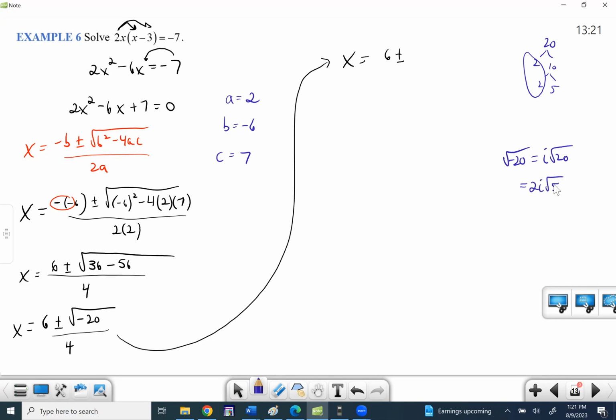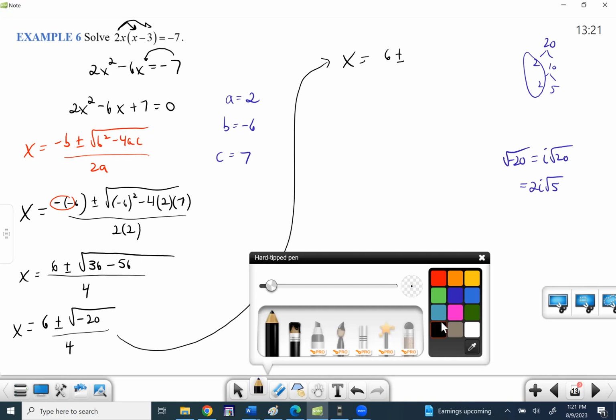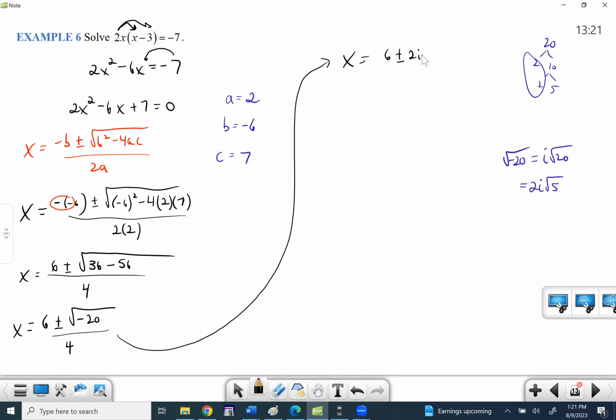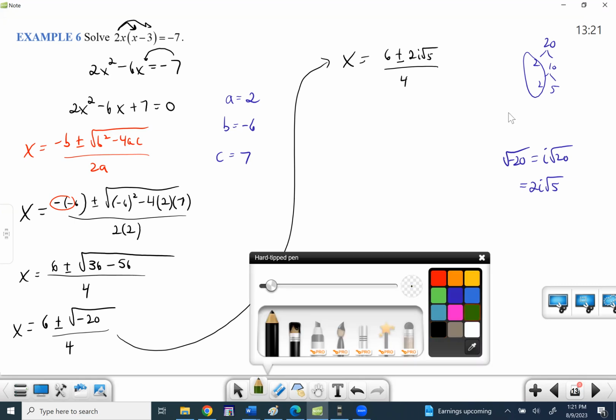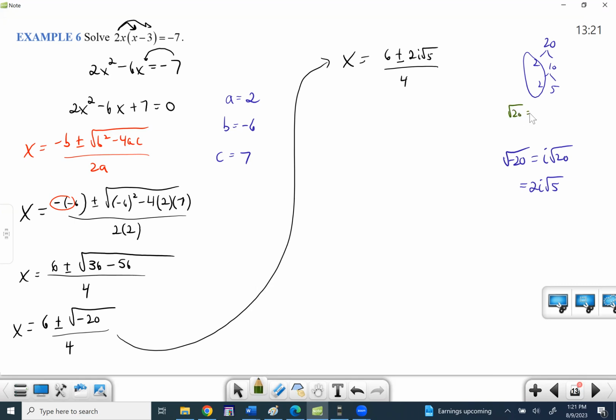Okay, so that's what's going to go right here, 2i root 5, and then it's all over 4, right? Another way that we said that we could break down the 20 is just thinking of it as 4 times 5, and that's how you're going to get 2 root 5.